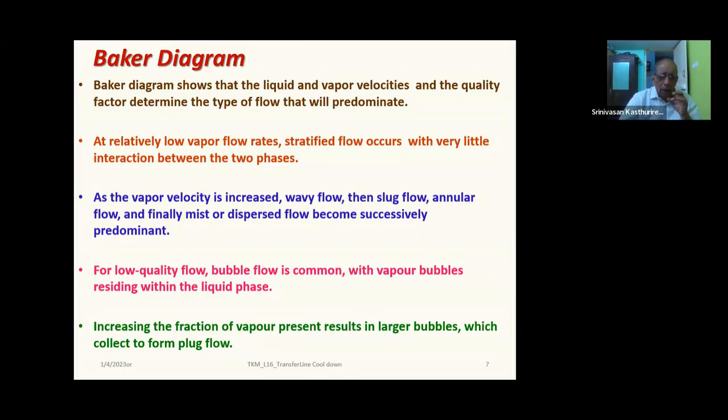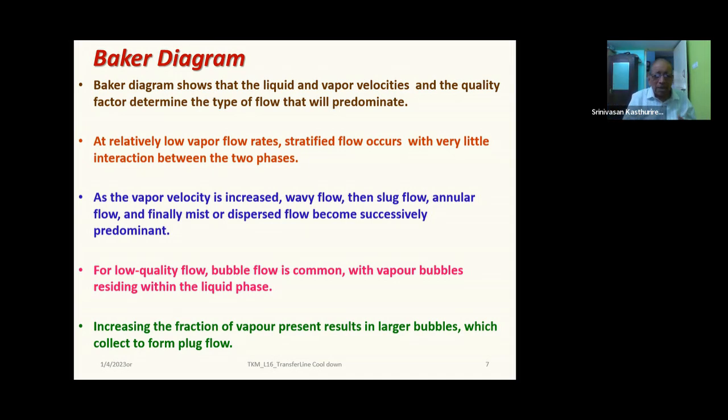At relatively low vapor flow rates, stratified flow occurs with very little interaction between the two phases. That means the vapor is completely separate and the liquid is completely separate. There is a clear distinction between the liquid flow at the bottom and the vapor flow on the top.